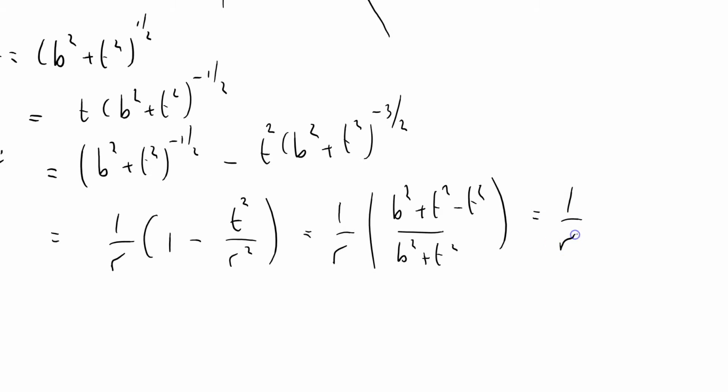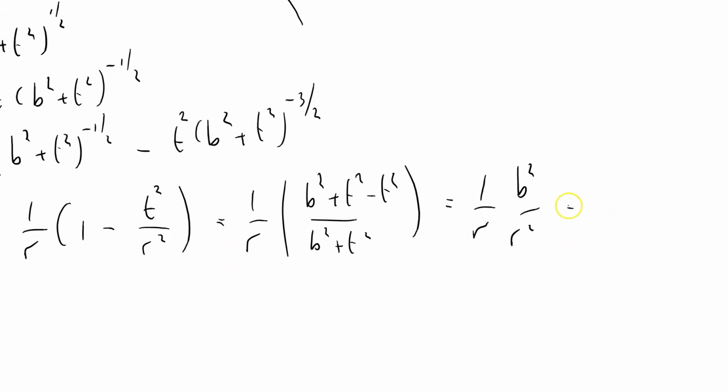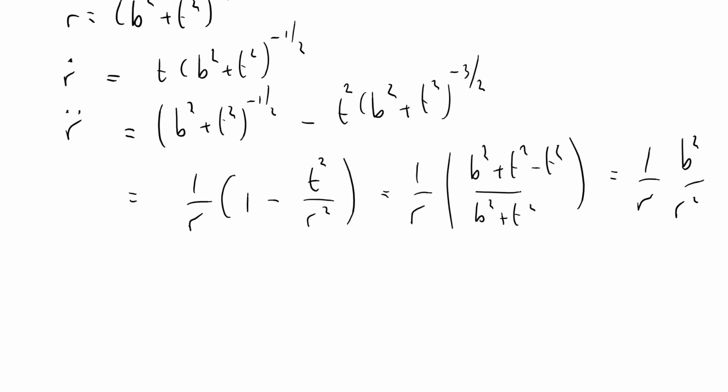So it's equal to 1 over r times b squared over r squared, which is b squared r to the minus 3, I think. Is that right? r double dot equals b squared over r cubed. That's right. Okay, so that's r double dot.